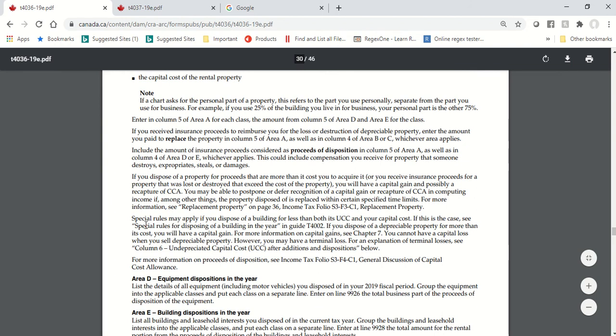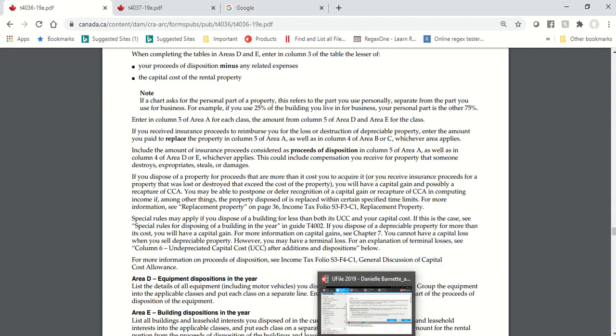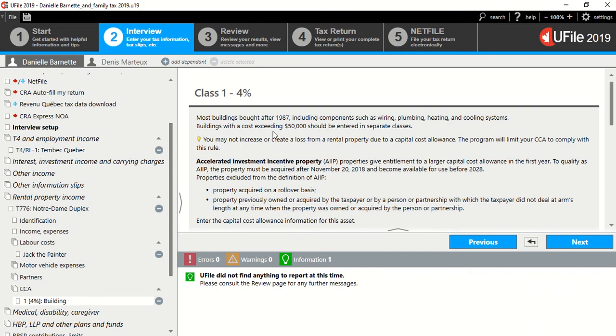Okay, so there are some exceptions to the rules. There's also the possibility of postponing the recognition of a capital gain, or if you can designate the property as a principal residence. There are a lot of situations that can arise.